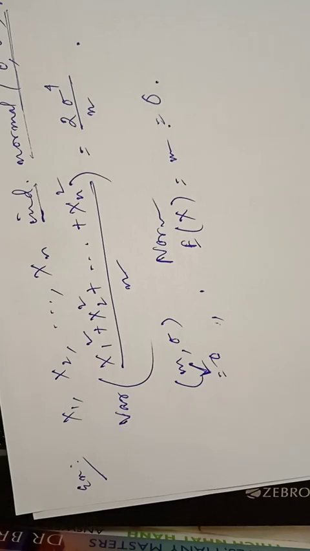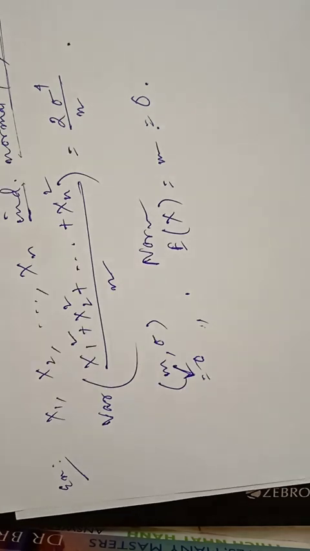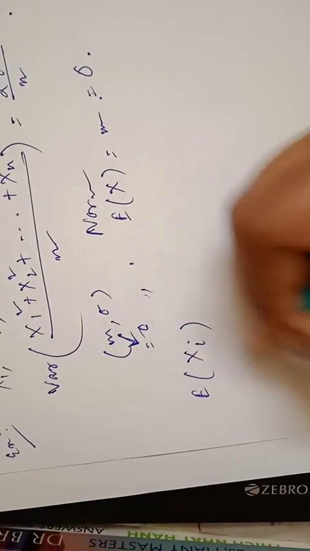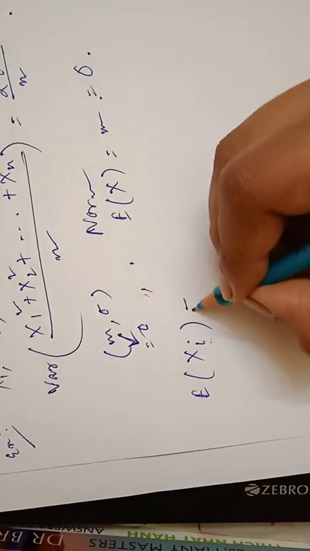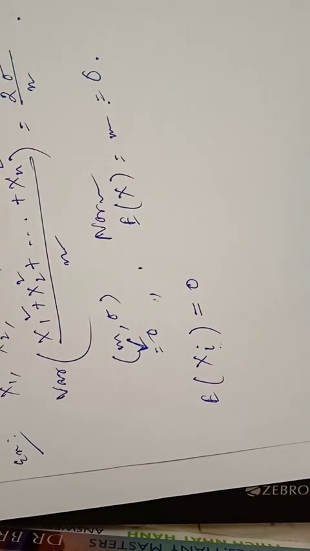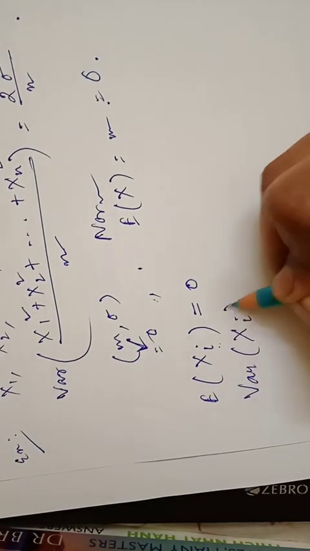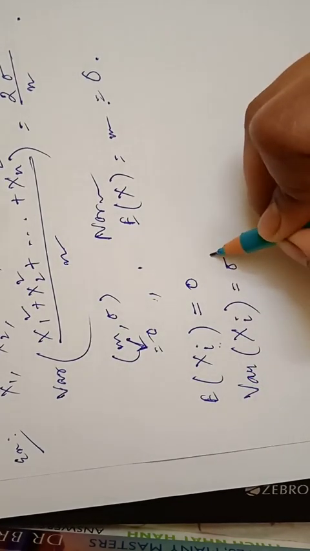Now all are the same, X1, X2, ..., Xn, all are normal (0, sigma) variates. That means their expectations are also the same, their variances are also the same. So expectation of Xi, that is X1, X2, ..., Xn, all are the same, which is equal to m, and which is given as 0. And variance of Xi, they are also the same. So let's take this equal to sigma square.